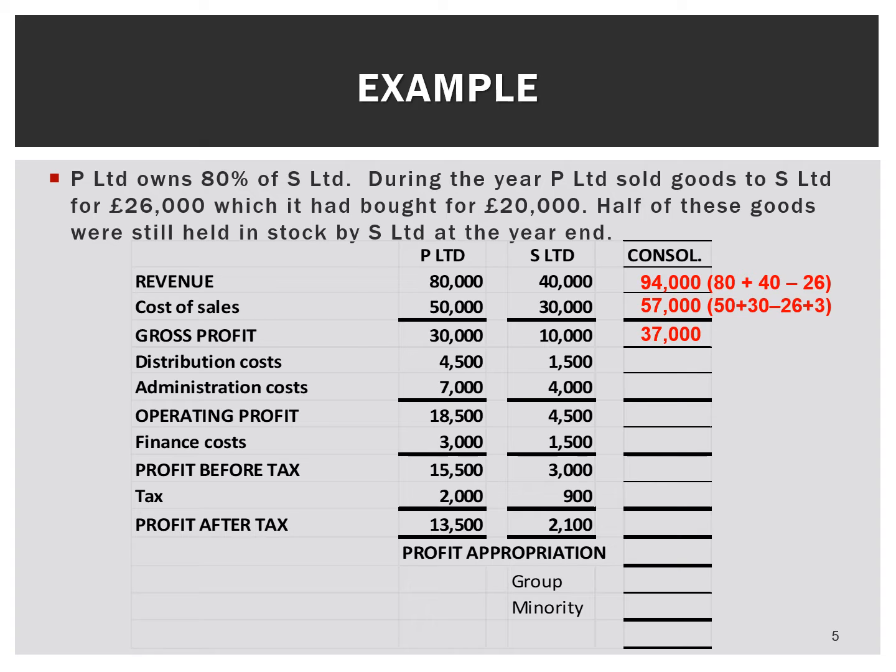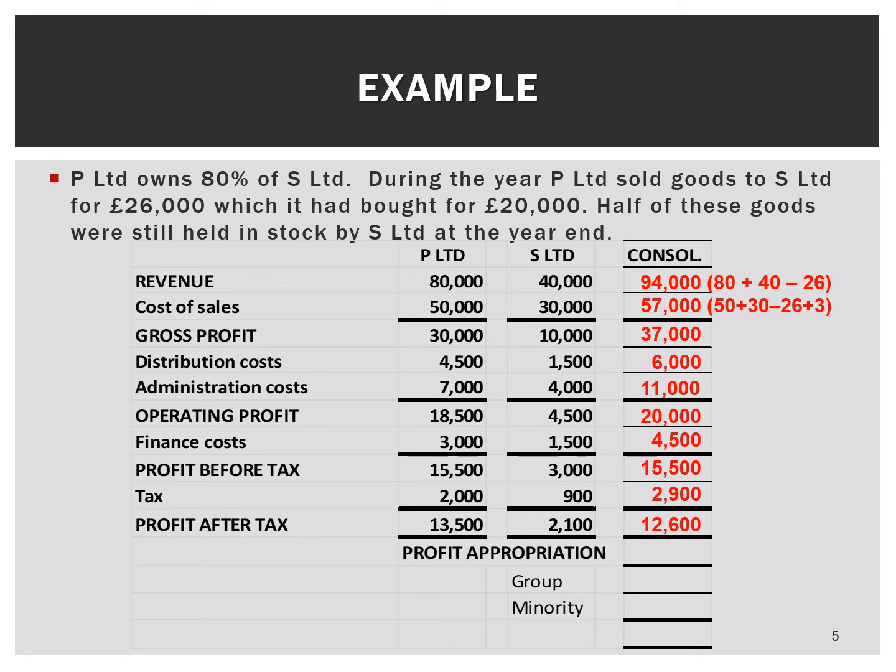The remaining figures in this example simply get added together, and that gives us a profit after tax in the group of £12,600. We then have to show how that profit's shared out between the group and the subsidiary company minority shareholders.